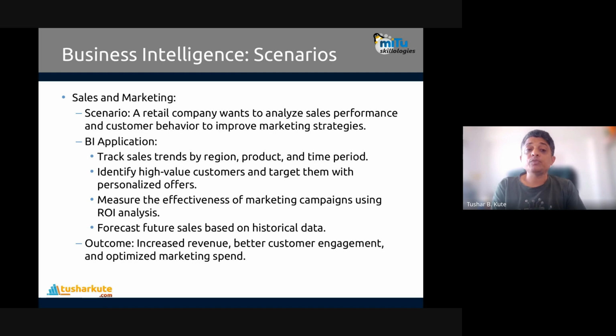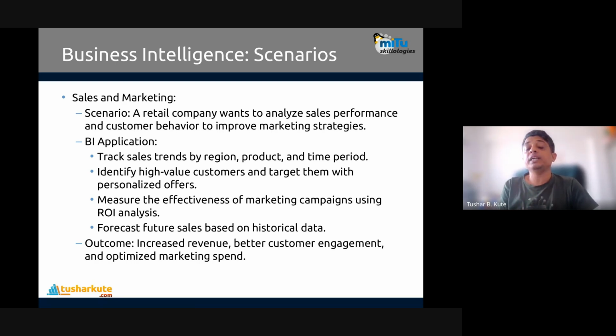So what will the BI application do? They can track the sales trend by region, by product, by time period, all. They will identify the high-value customers, target them, and offer personalized offers to them. Definitely it will grow your business. We can even measure the effectiveness of marketing campaigns using ROI analysis, return on investment, and where we have to focus.